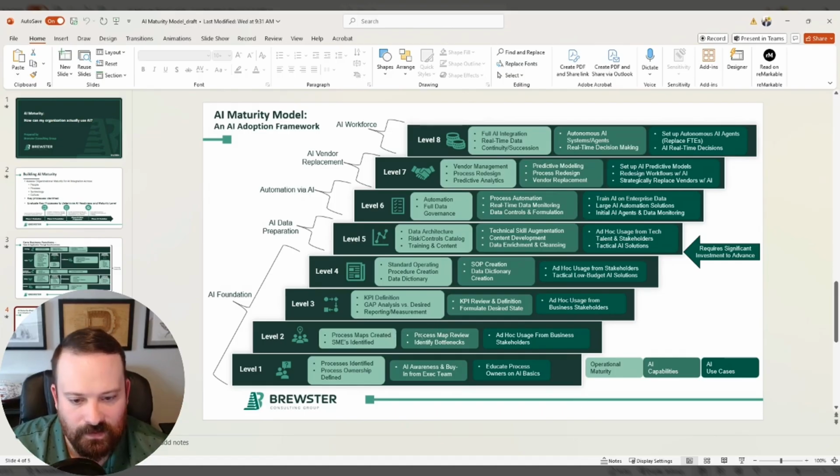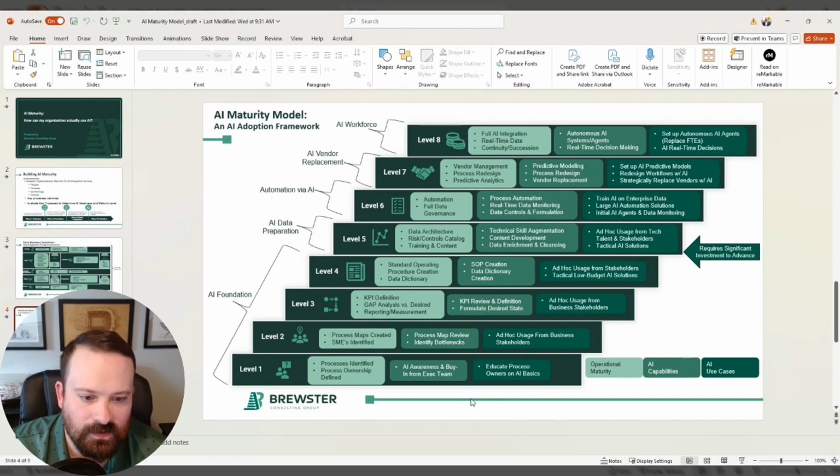Some of the AI capabilities at this level: doing reviews of your process map, helping create the process map, identifying bottlenecks in the process map. You can use AI to accomplish all of these things at this level of maturity, but that application is all going to be ad hoc usage from the business stakeholders. And that's something that you'll see as a theme or pattern in these lower levels of AI foundation.